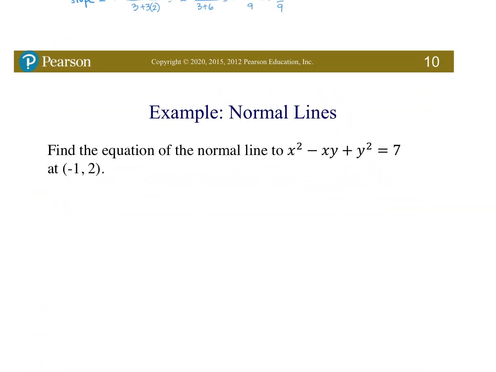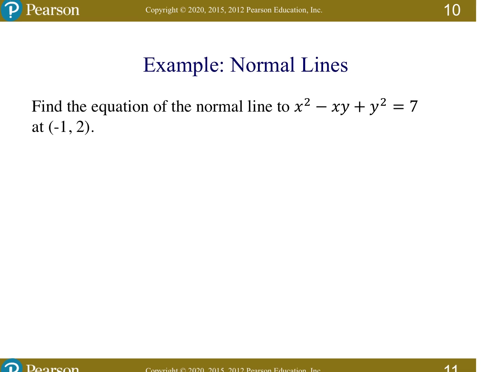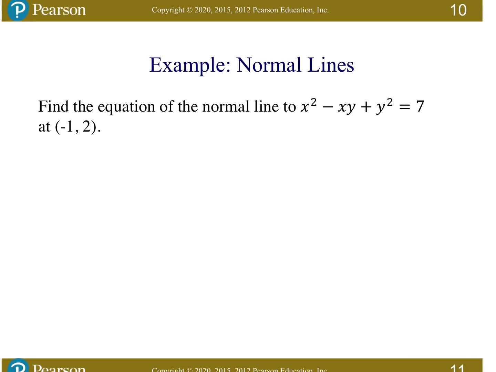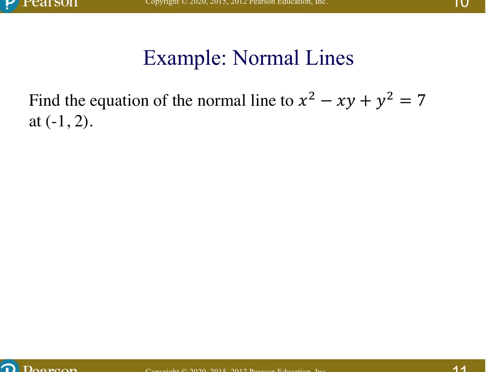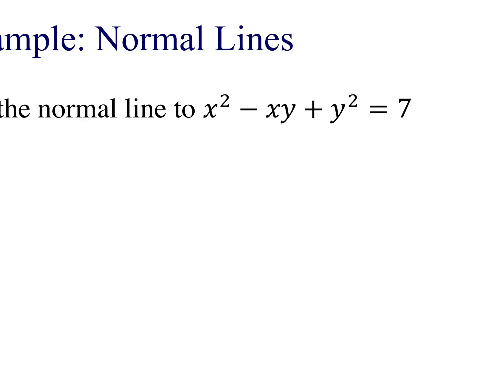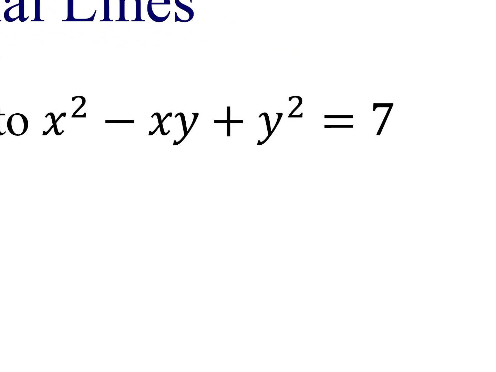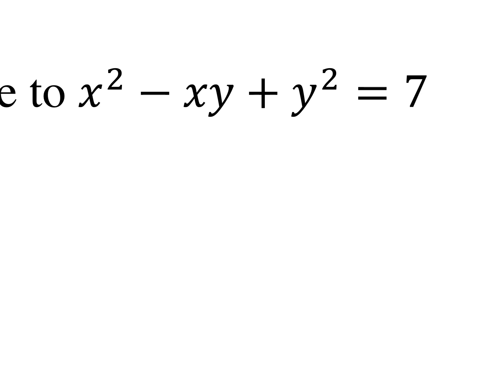All right, this is our last example. Find the equation of the normal line to that equation at (-1, 2). So I'm going to suggest, again, that we go back and treat this implicitly, with the respect we need. Let's put parentheses where we think they should go. So Tyler, can you try?